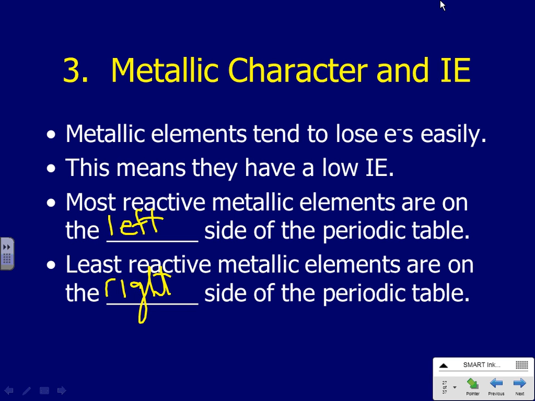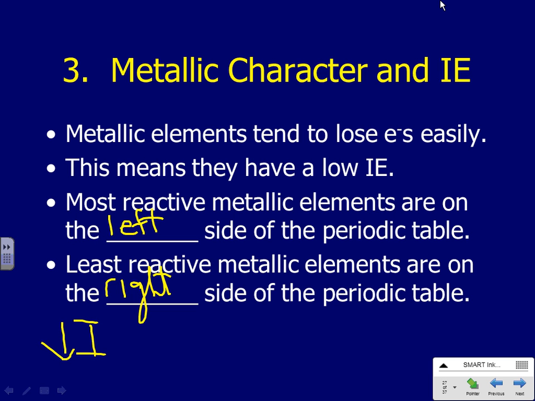Okay, so when you do an argument to say which element is more metallic than the other, say for that question sheet for the metallic character, what you're arguing is what has the lowest ionization energy. So you'll simply do low ionization energy. I'm going to put that down as one last little thing on the bottom here.